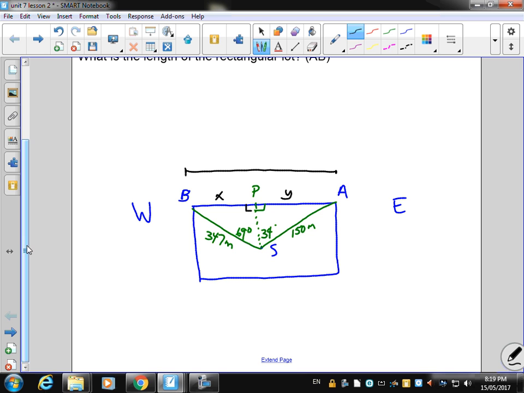To determine the length of x, I am going to look at this triangle and say, all right, my 69 degrees is my angle of reference. My hypotenuse side would be the 347. My opposite side would be the x, and my adjacent side is the dotted line.